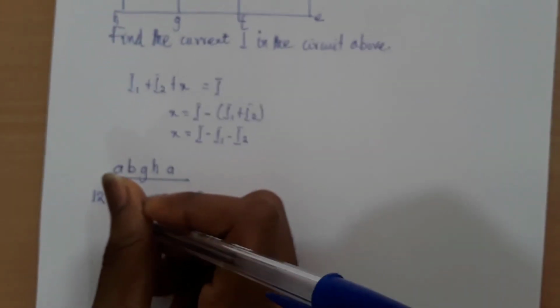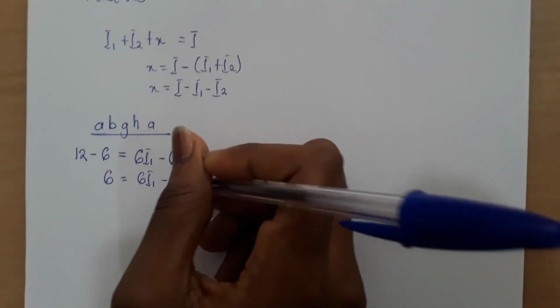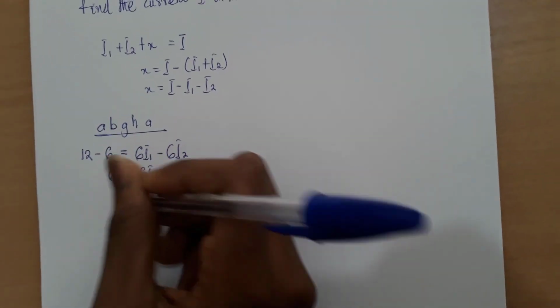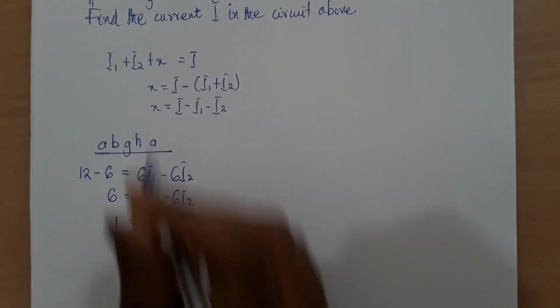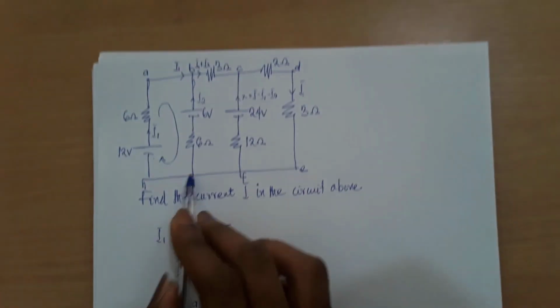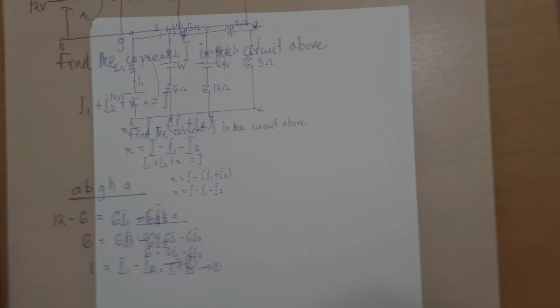We can further simplify this into 6 equals 6I1 minus 6I2, which is then reduced into 1 is equal to I1 minus I2. So that is for loop ABGHA, and this shall be our first equation.